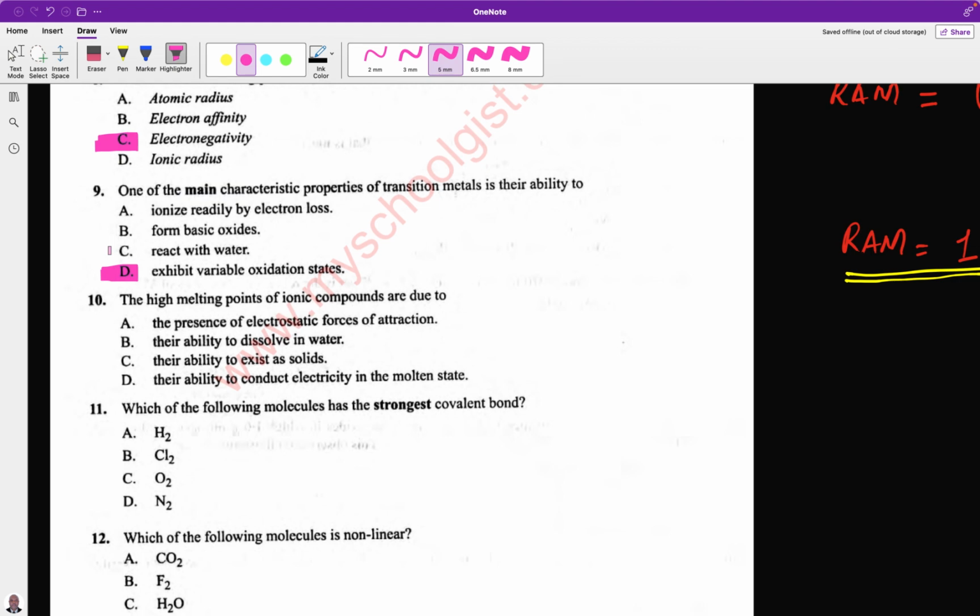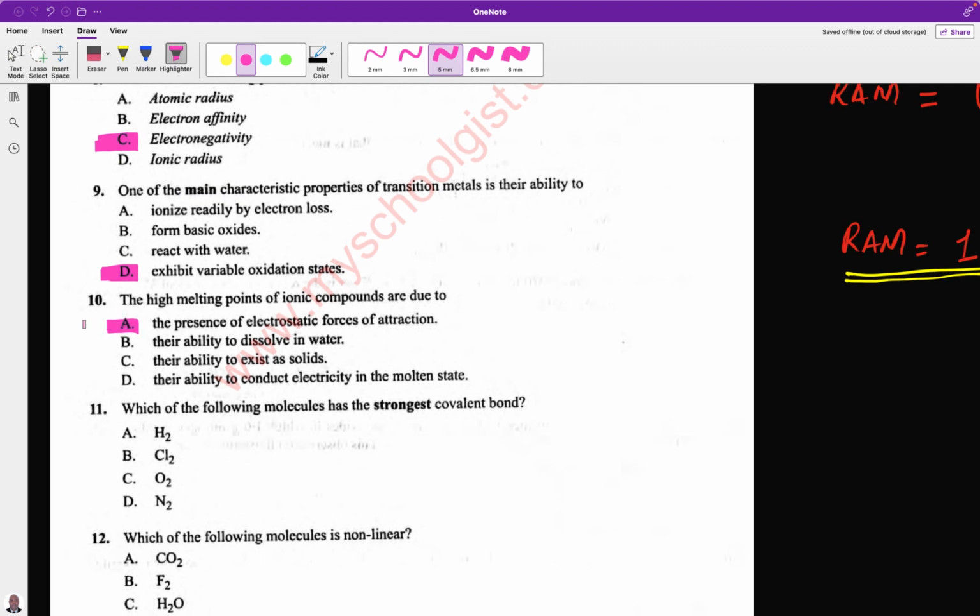D, their ability to conduct electricity does not determine their melting point. What determines their melting point is the force of attraction, the force holding the oppositely charged ions together. Because of that force, high energy is needed to overcome it. And that force is electrostatic forces of attraction. So our answer for 10 is A.